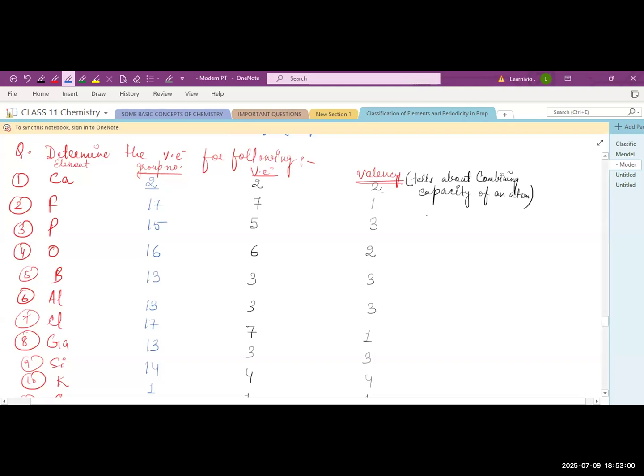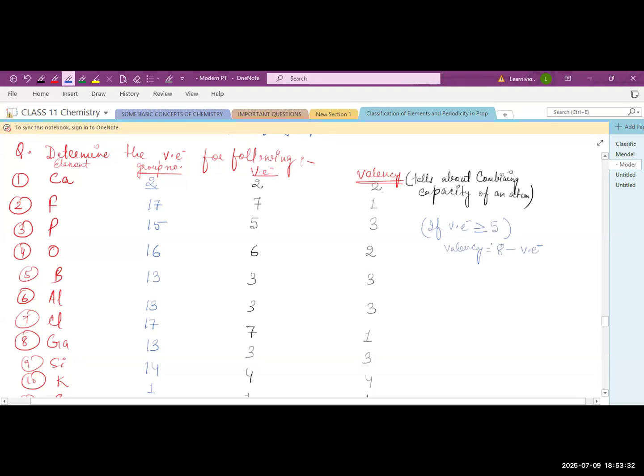If valence electron is greater than or equal to 5, then what we have to do? Valency will be equal to 8 minus your valence electron, according to the octet rule.